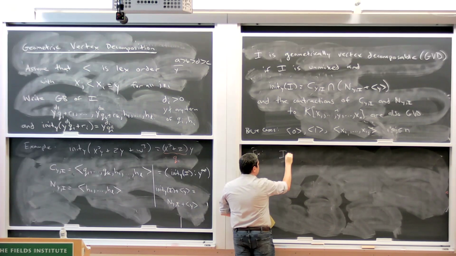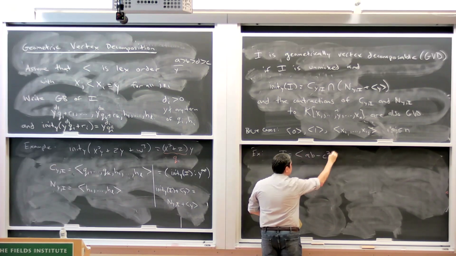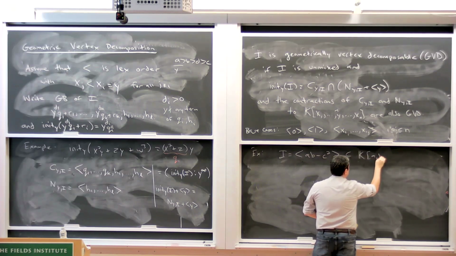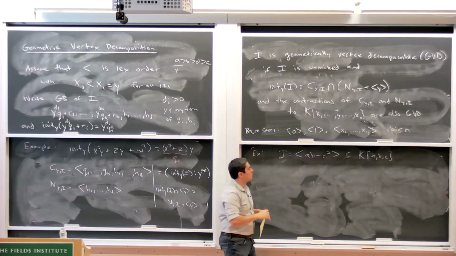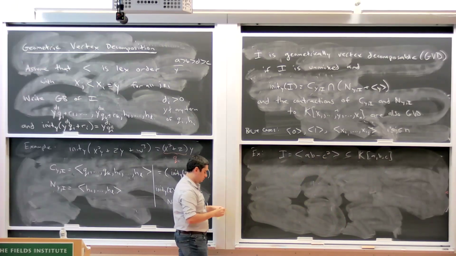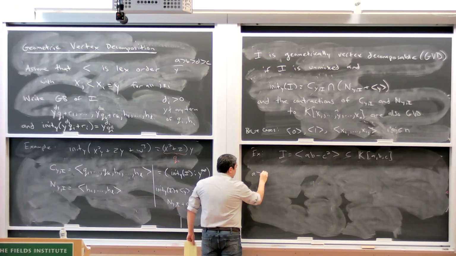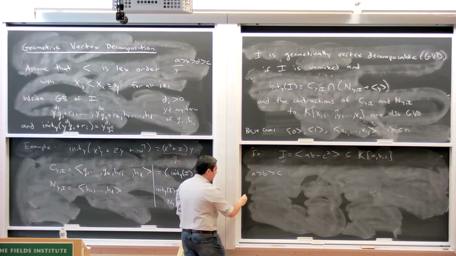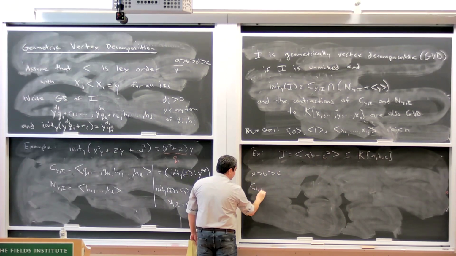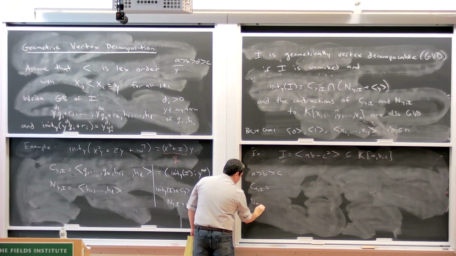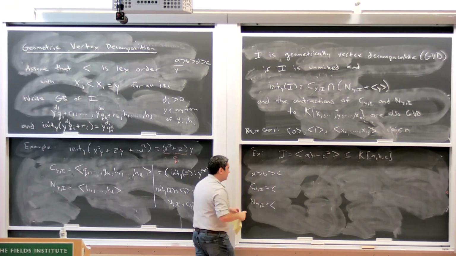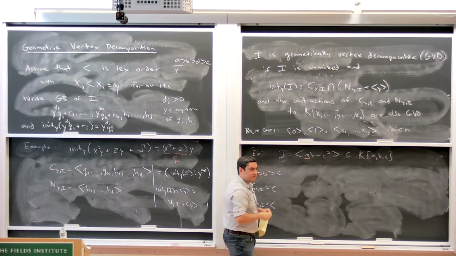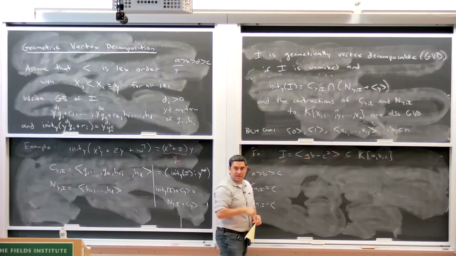So let's try a very simple example, just ab minus c squared inside the polynomial ring. If you try the lex order a greater than b greater than c, so you're using a as your y, right? Then what are each of the ideals? So C, I, and N I. Here's my a, so the q i is just going to be the coefficient of that a, so just the b.